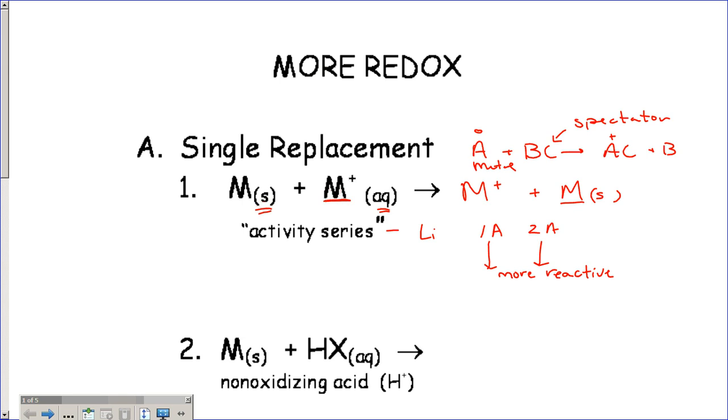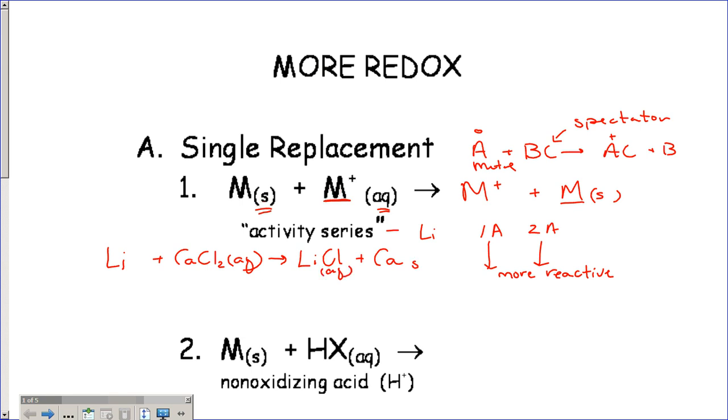So for example, if we had lithium reacting with calcium chloride or calcium nitrate or calcium something soluble, then we know that the lithium will replace the calcium, and that would be our molecular equation.